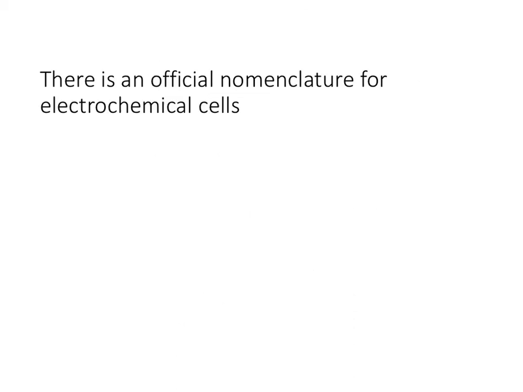Okay, I'd like to review a nomenclature that you learned in general chemistry for talking about electrochemical cells. So imagine that we had the following reaction: solid zinc as the terminal for the electrochemical cell.